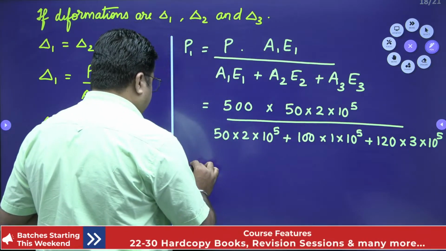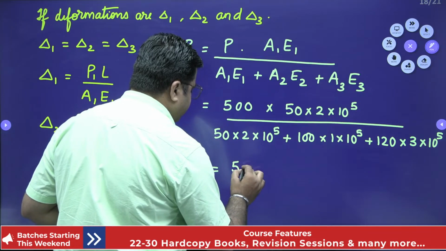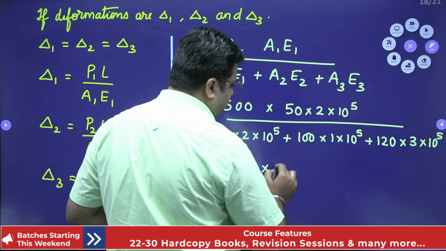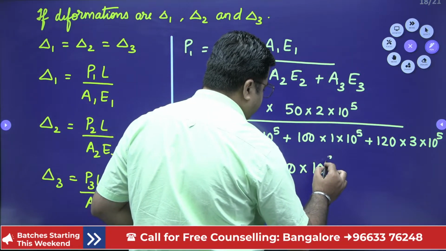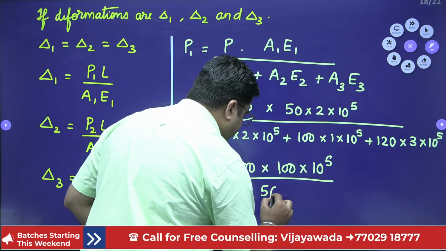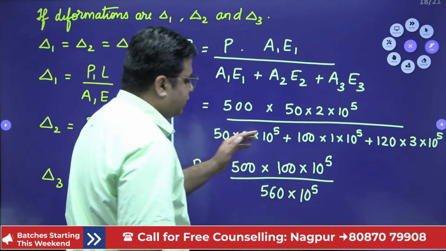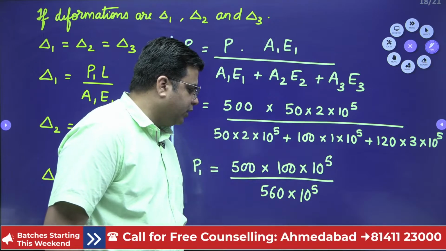So this P1 is equal to P, that is 500, into 50 into 2, which is 100 into 10 raised to power 5, divided by 560 into 10 raised to power 5, right? I have just calculated the denominator. So this 10 raised to power 5 and 10 raised to power 5 will cancel out.